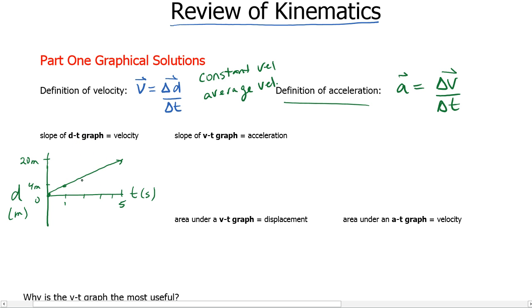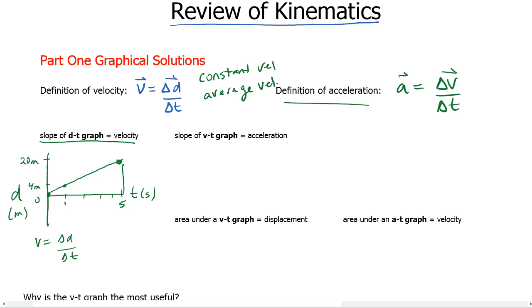All right, so this would be a dt graph. Now, if we wanted to figure out velocity from it, we would look at the slope of that graph. The slope, which is the velocity, is equal to the rise, which is the change in d, divided by the change in time. Change in means how much has it gone up by. We could pick any 2 points, but we may as well pick the beginning and the end.